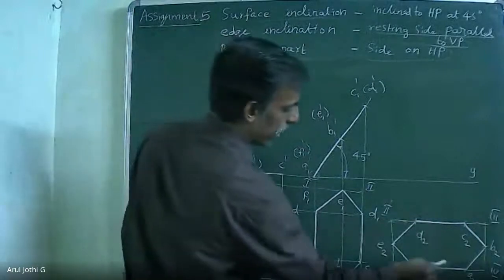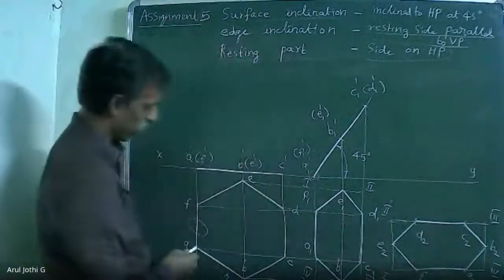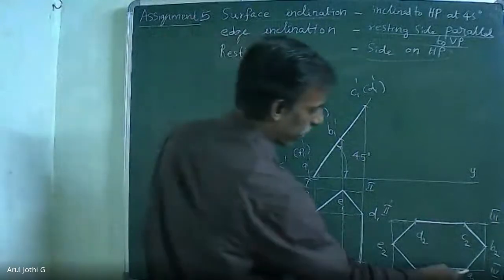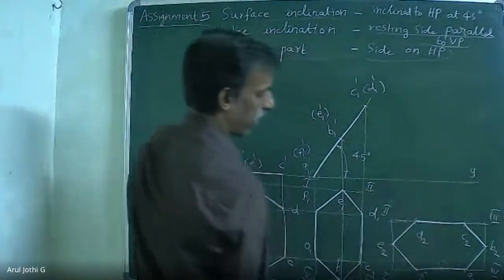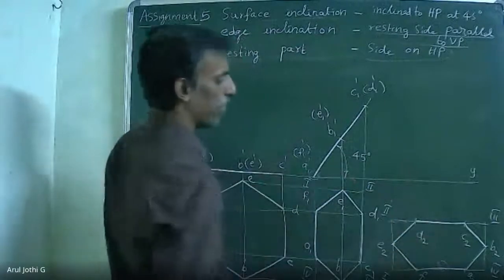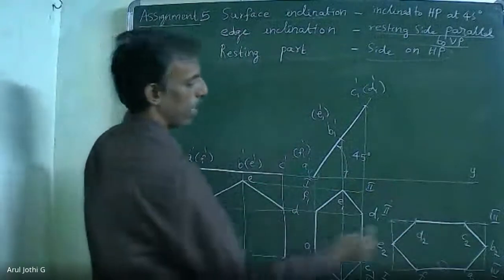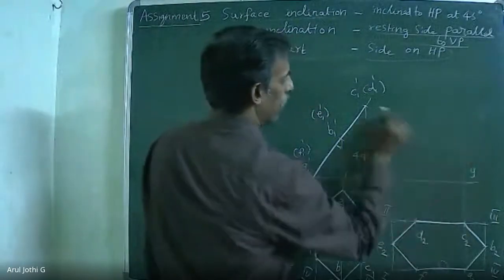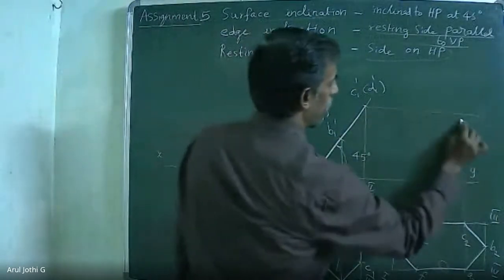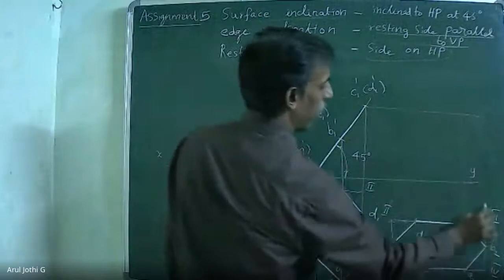Now the side A2, this resting side AF, the side AF is parallel to VP. Like that I rotated the top view through 90 degrees. Now using the projection, draw the final front view.